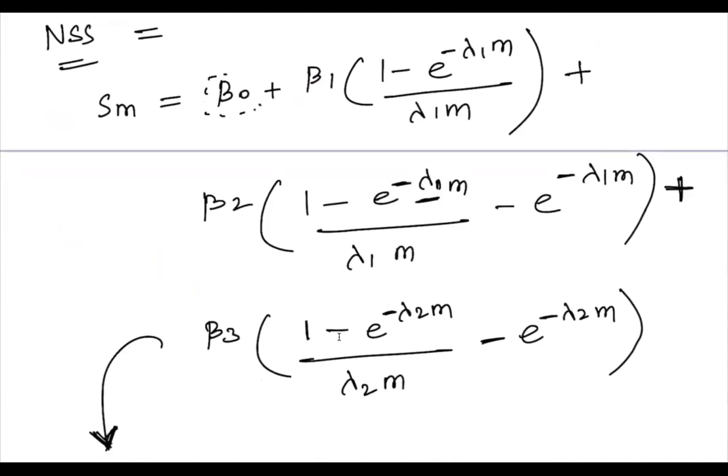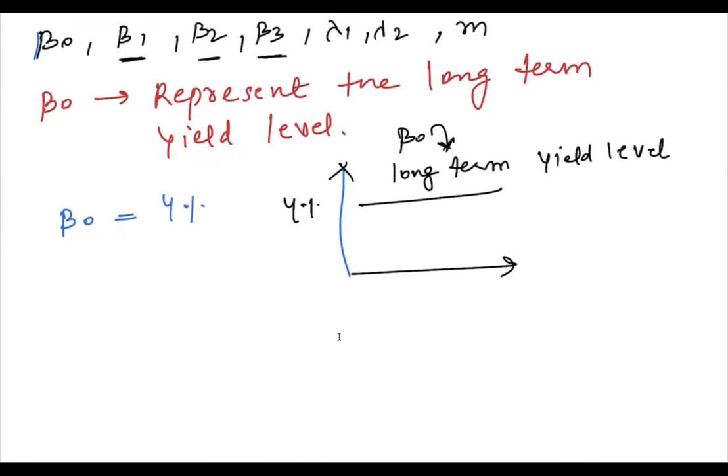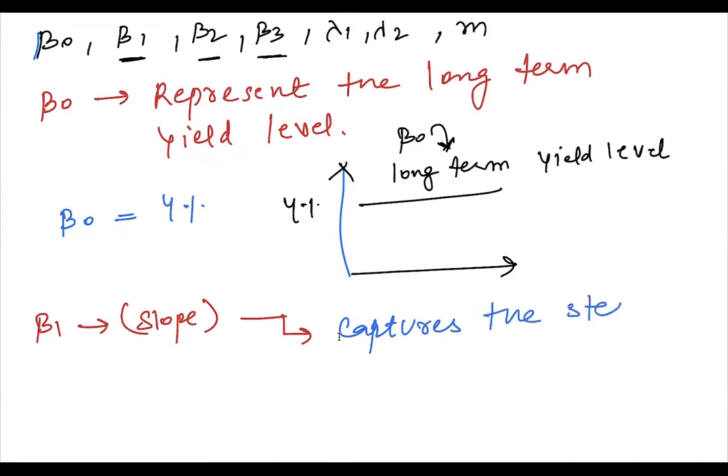Let's see what beta 1 and beta 2 are. Beta 1 is also called slope, and it captures the steepness of short-term maturity.